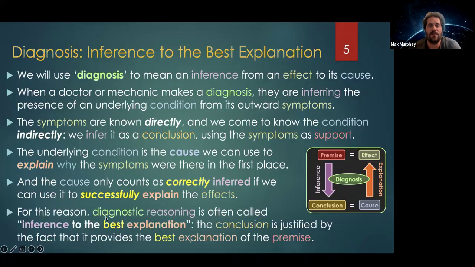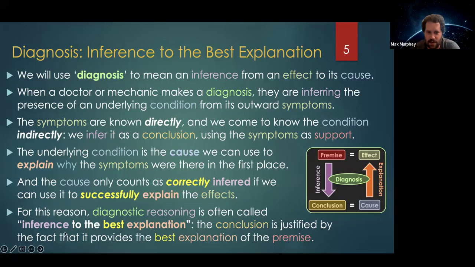So, for this reason, there's another way to refer to this in the study of reasoning, the logic and critical thinking. Diagnostic reasoning is often called inference to the best explanation. Maybe you've heard that phrase, maybe not.